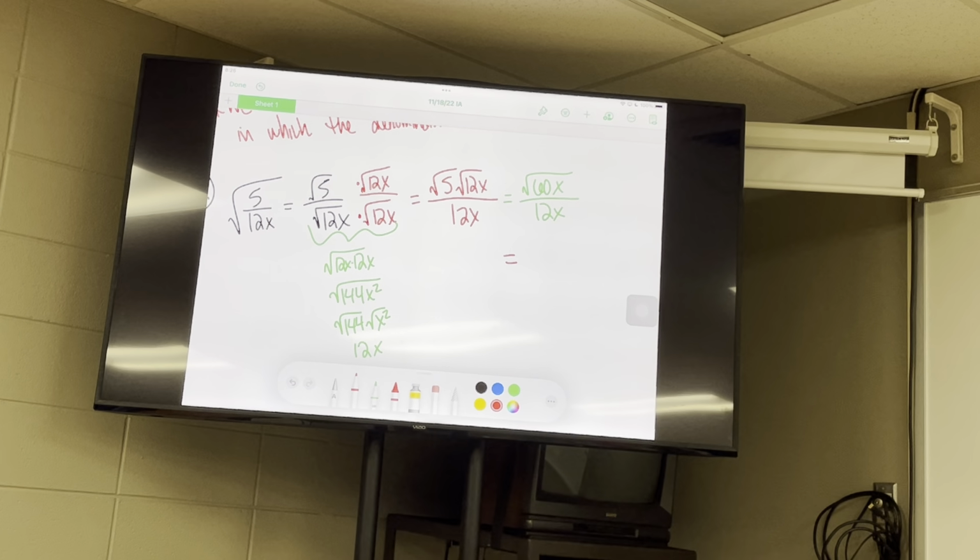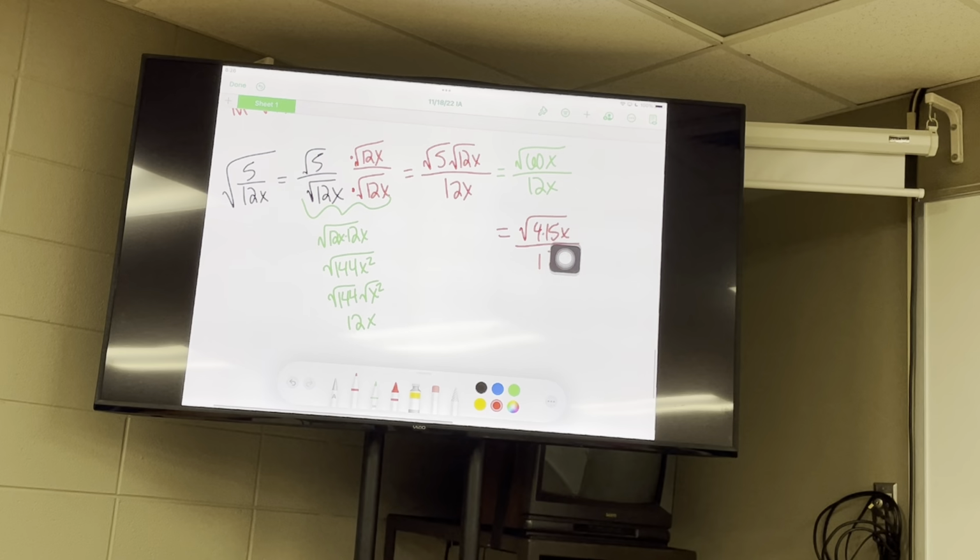You use your calculator. Take 60 and divide it by, let's see, what's the smallest one underneath the 60? 49. 60 divided by 49 doesn't work. 60 divided by 36 doesn't work. 60 divided by 25 doesn't work. 60 divided by 16 doesn't work. 60 divided by 9 doesn't work. 60 divided by 4 works. So this ends up being the square root of 4 times 15x over 12x.